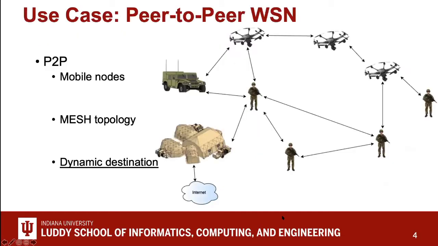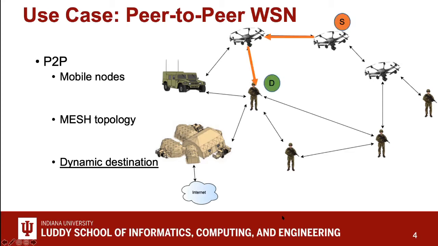The wireless sensor network that I'm most interested in, that I focus my research on, is what we call peer-to-peer wireless sensor networks. And you could see this in first responder and military applications. Just like regular WSNs, the nodes are mobile and they form mesh topologies, but the major difference is the destinations are what I consider dynamic.